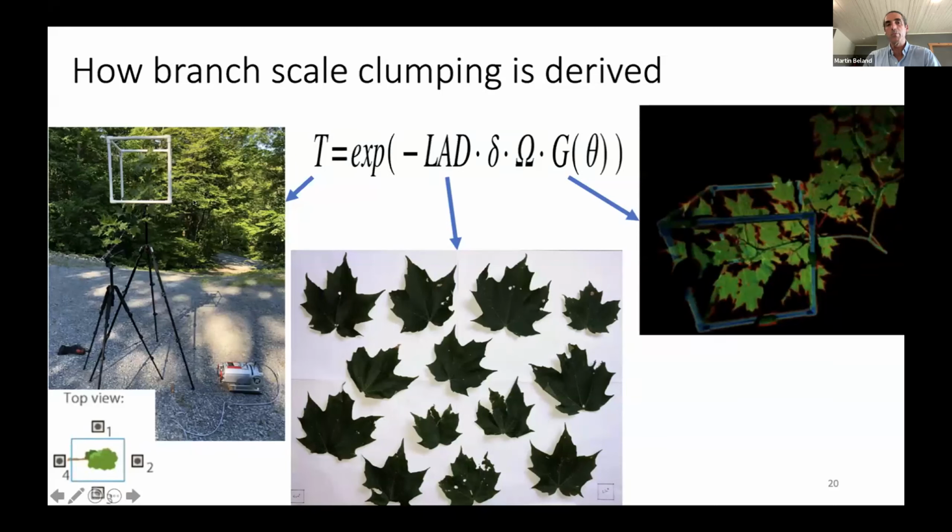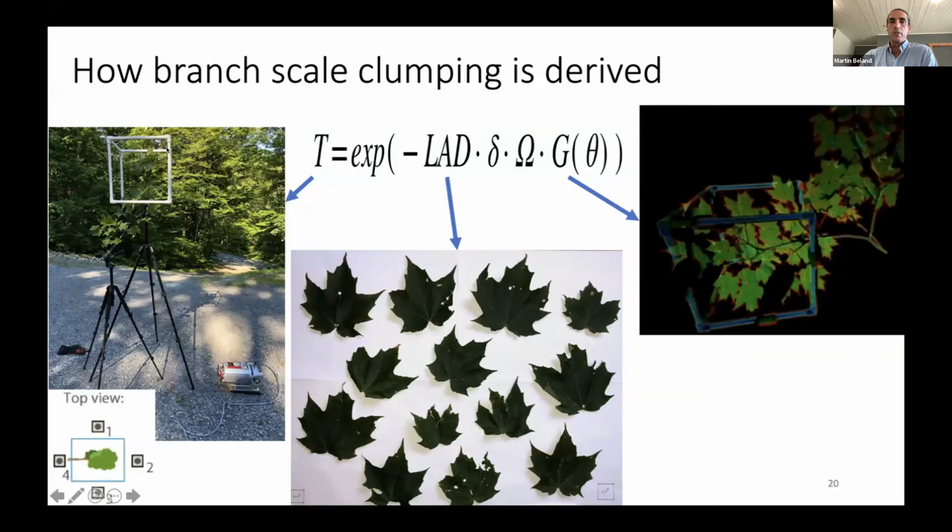So the way we do this is we take a branch from different heights in the canopy. We fix it on a tripod in the same way it was oriented when it was in the tree. And we measure the transmission of laser light through that branch or that box.